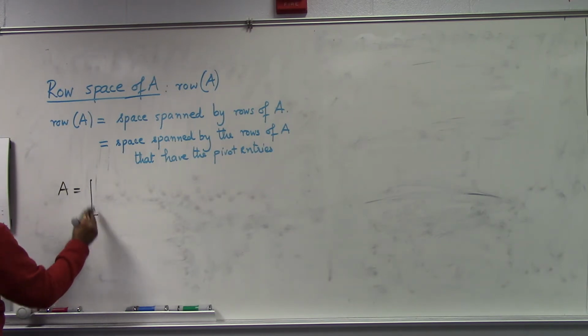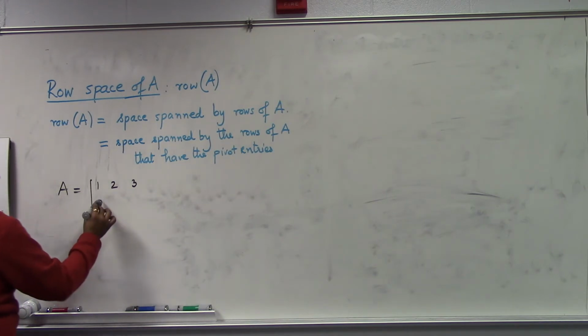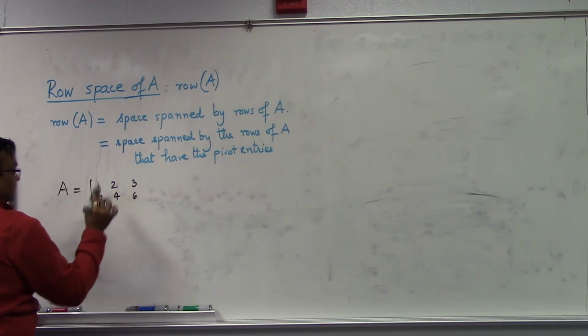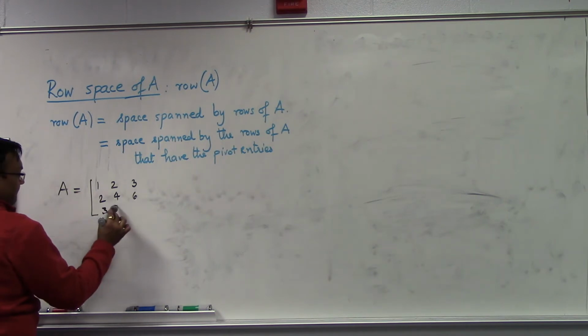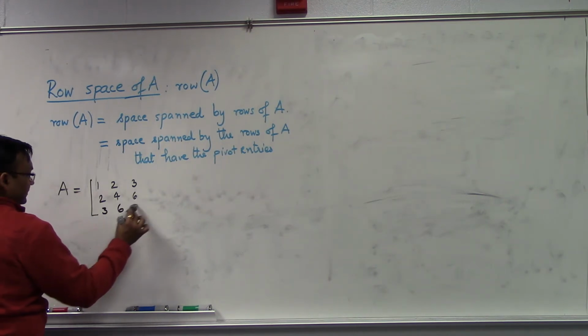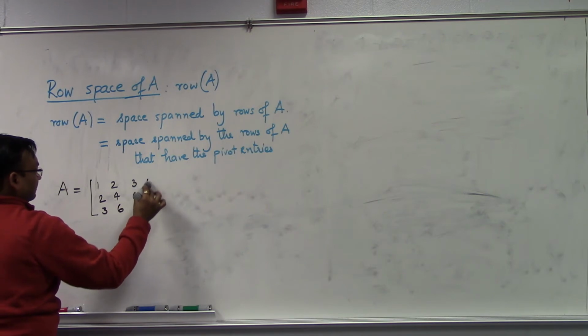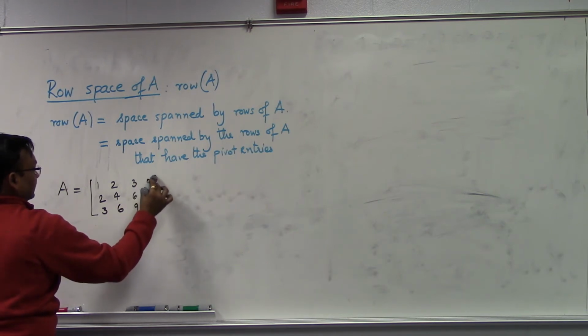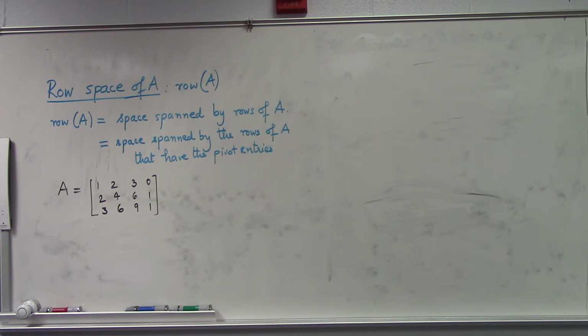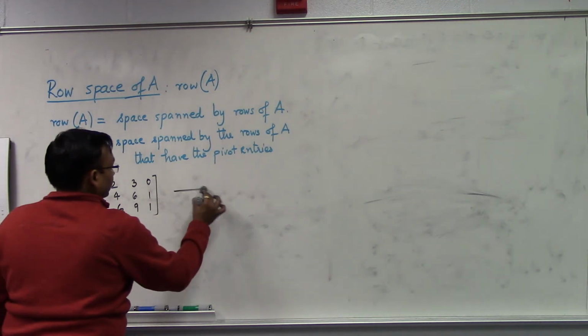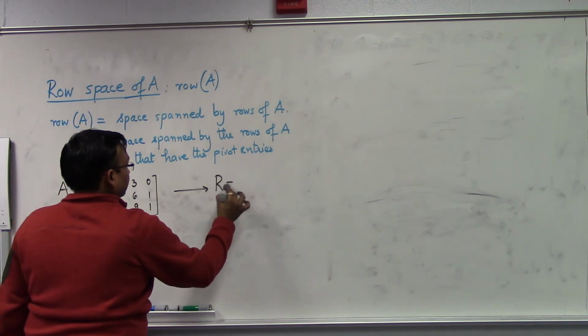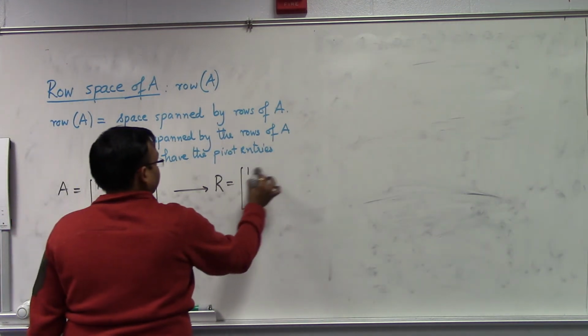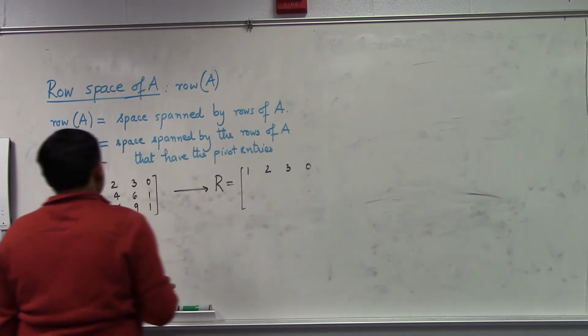Suppose I am given a matrix A, say 1, 2, 3, 2, 4, 6, 3, 6, 9, and just add something more. How about something like this? So suppose this is my matrix A. I can give one description of the row space of A, spanned by all these three things. But at the same time, I can try to row reduce it and perhaps get to this form: 1, 2, 3, 0.